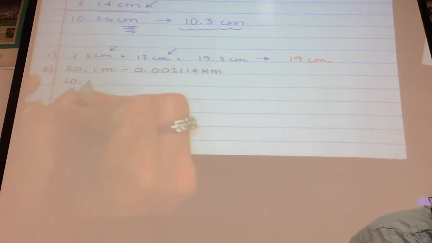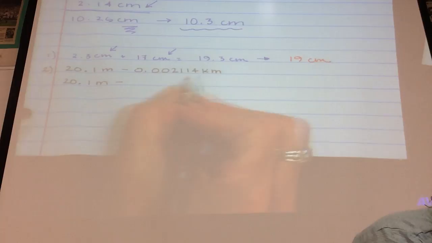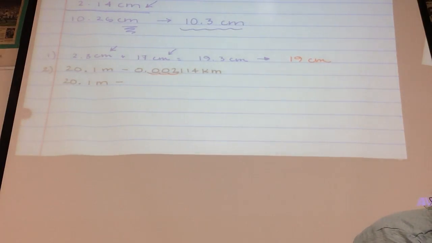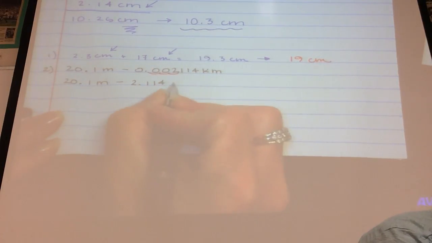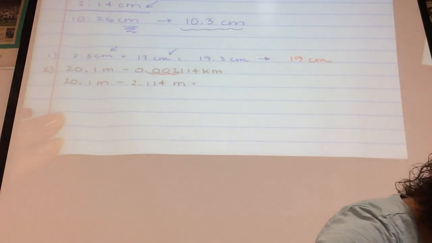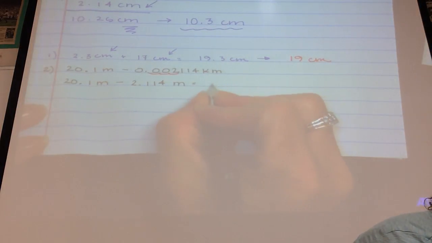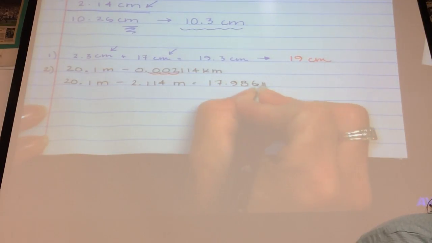So I have 20.1 meters minus kilometers to meters. We're going down. We're going to move the decimal 3 to the right. And so we have 20.1 minus 2.114, and what comes out initially is 17.986 meters.